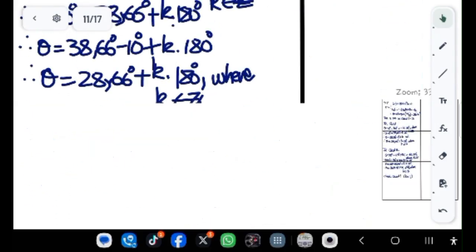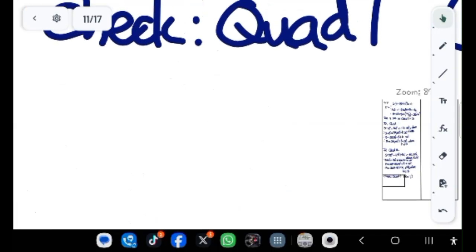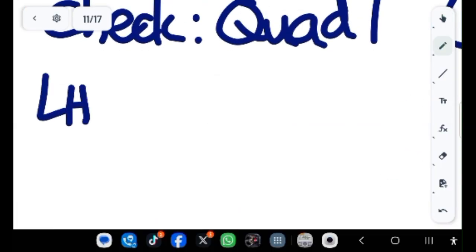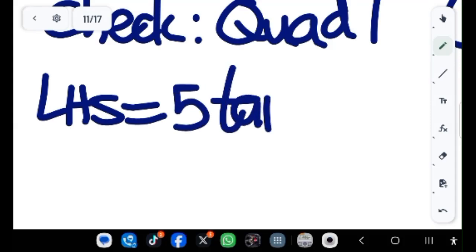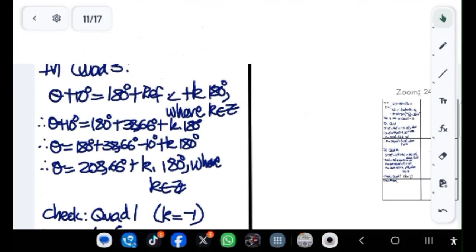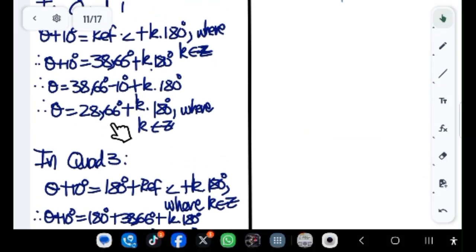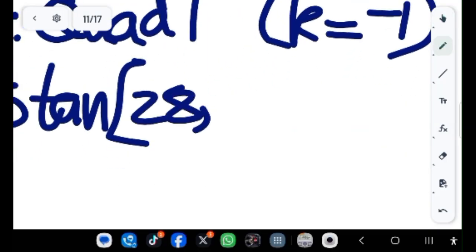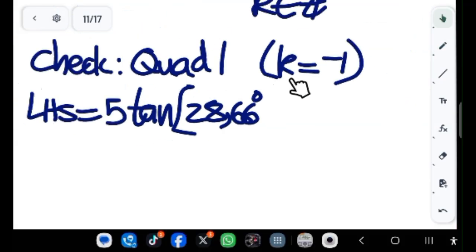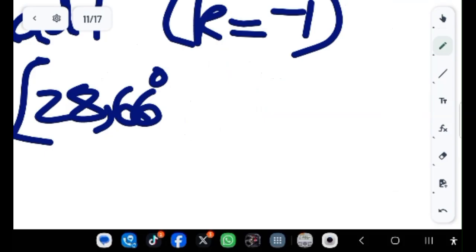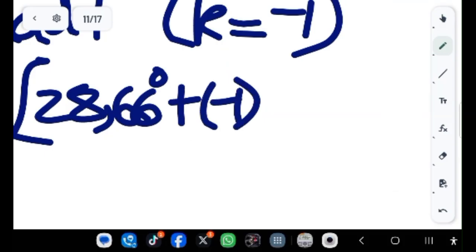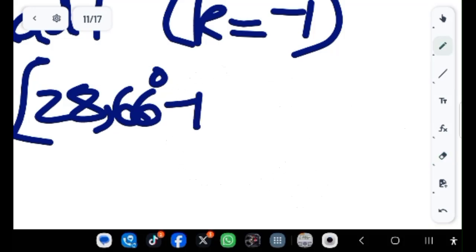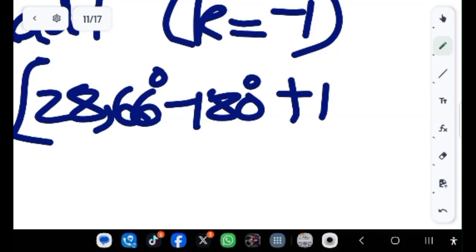That will be 5 tan of, where it says theta, we substitute the quadrant 1 angle, 28.66, plus -1 times 180, or you can just say minus 180 degrees, and then plus that 10 degrees.